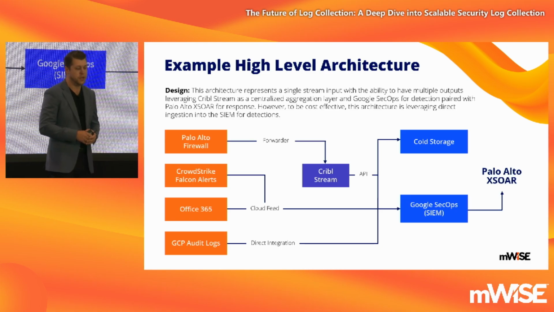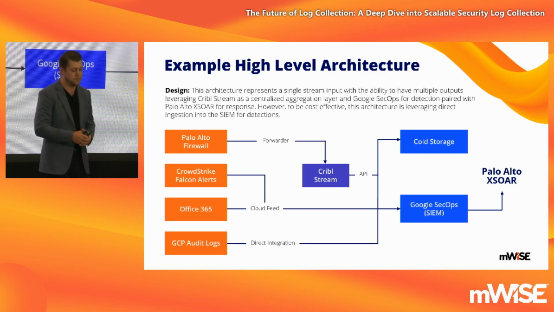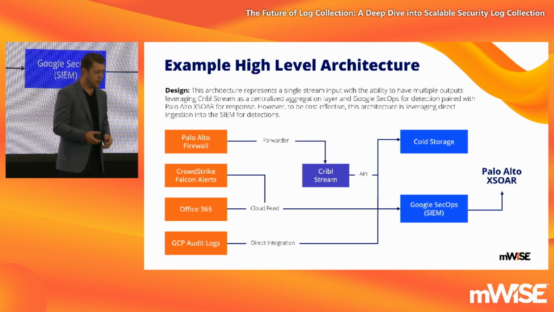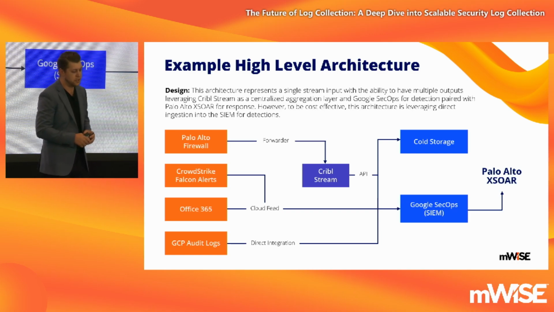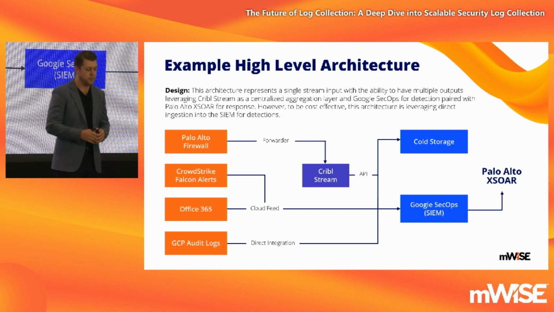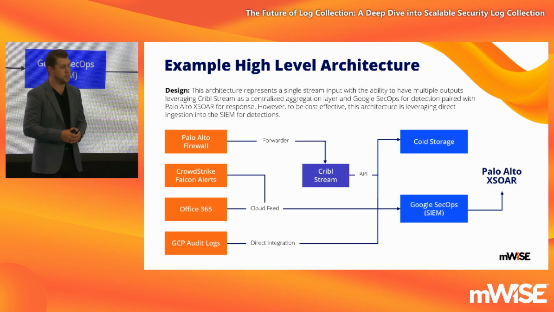If you do not go that route, you would have to stand up some sort of collector, some sort of forwarder to get from your Palo Alto devices to your destination. And lastly, for GCP audit logging, why not use the native tool sets, the native cloud provider to ingest data? You save money and it's a direct integration, so you might as well use the best approach to collect that data.